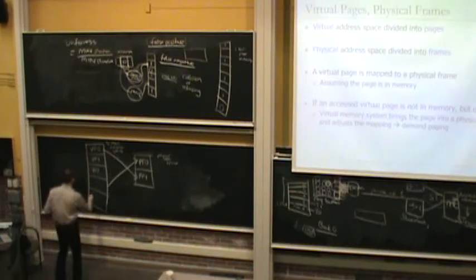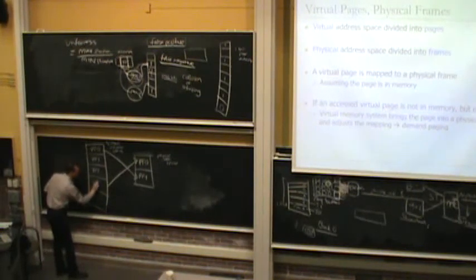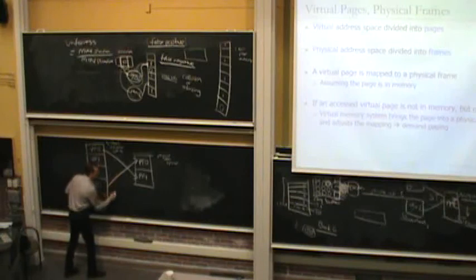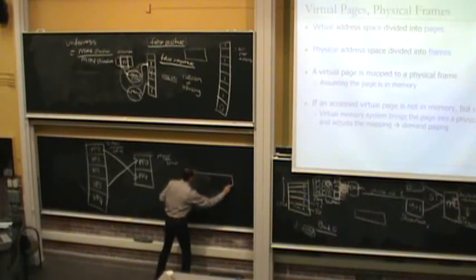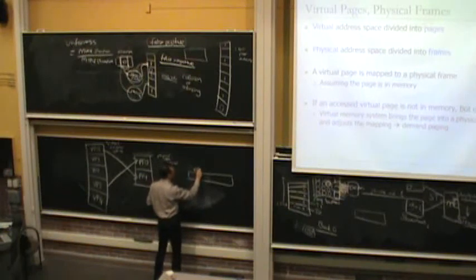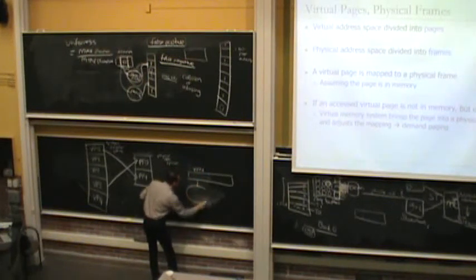Which means that if you're trying to access a virtual page, well, 3 is in physical memory, virtual page 4, let's say. If the program accesses virtual page 4, there's an address translation mechanism that's consulted that translates this virtual address, virtual page number, I'll call this the address translation for now. We'll look at how it's implemented soon.